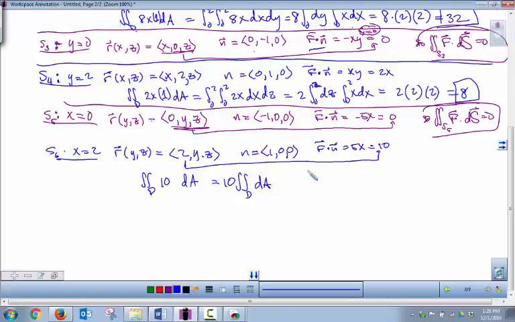So we have a 2 by 2 square, right? So 2 times 2 is 4. So 10 times the area of D, which is 2 squared, and we get 40. 48, 32, 80.